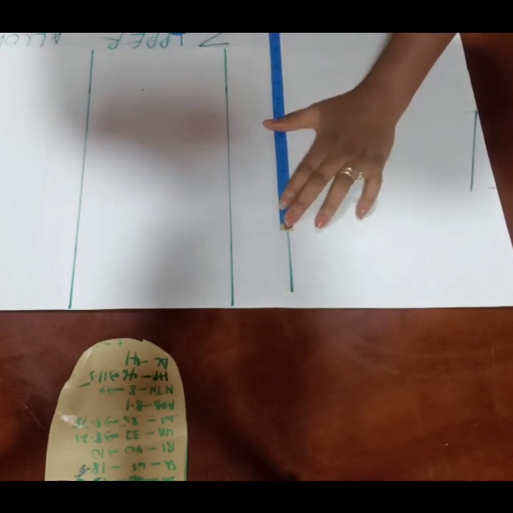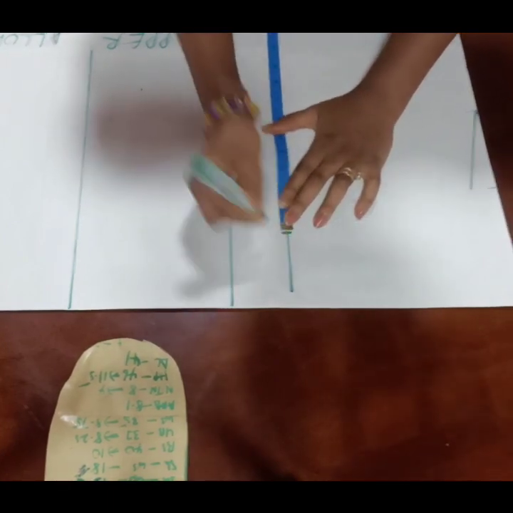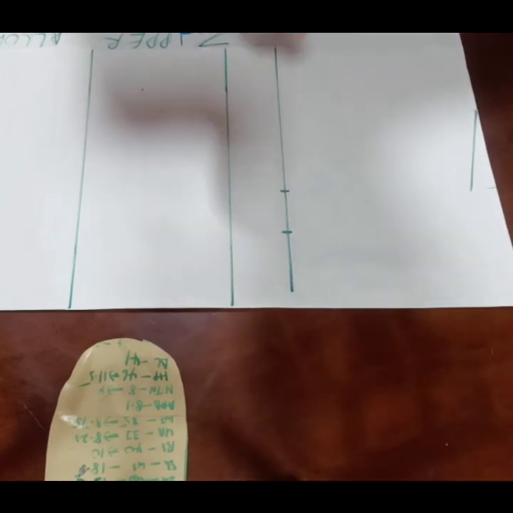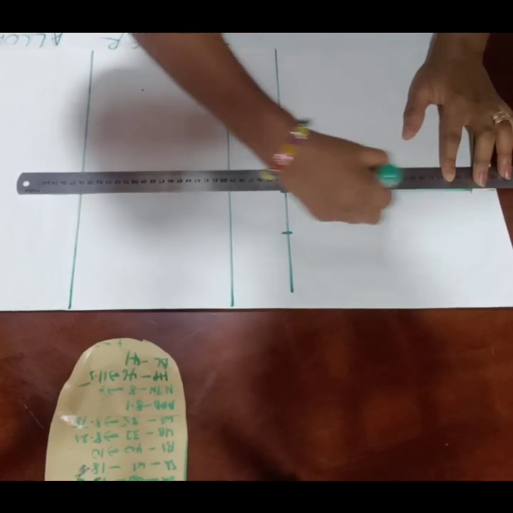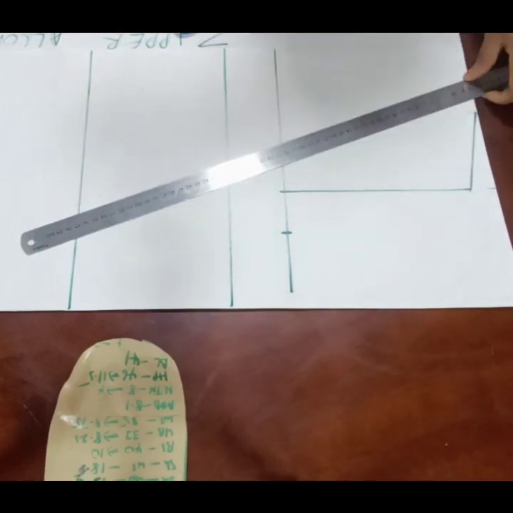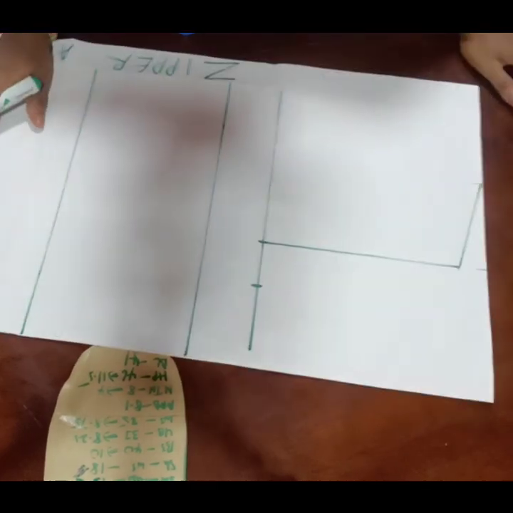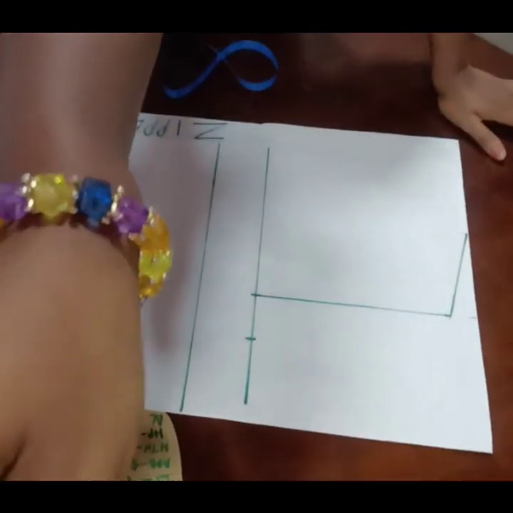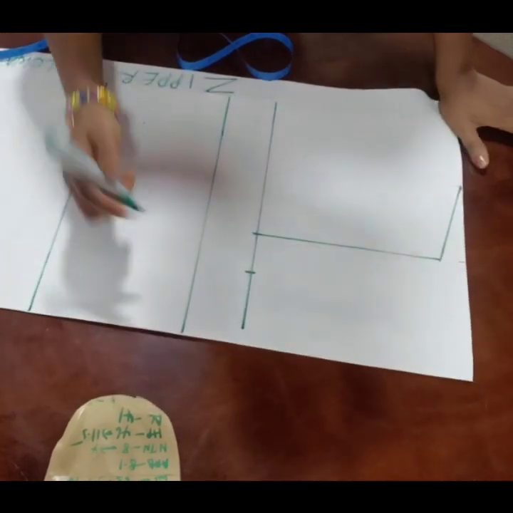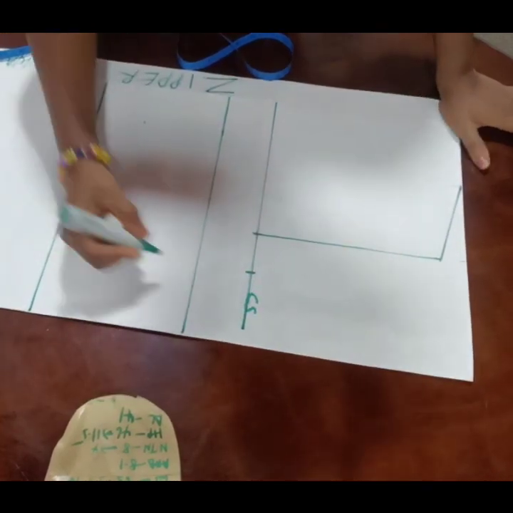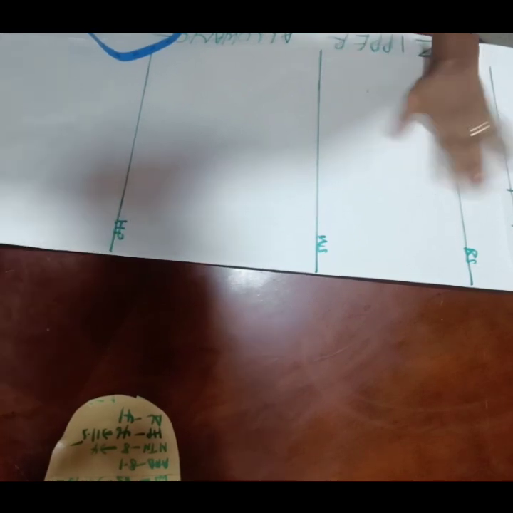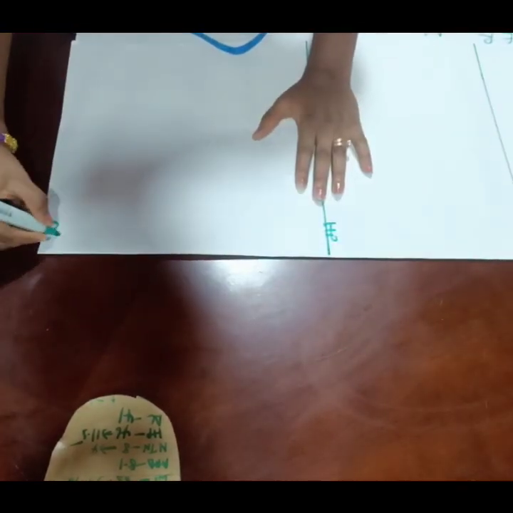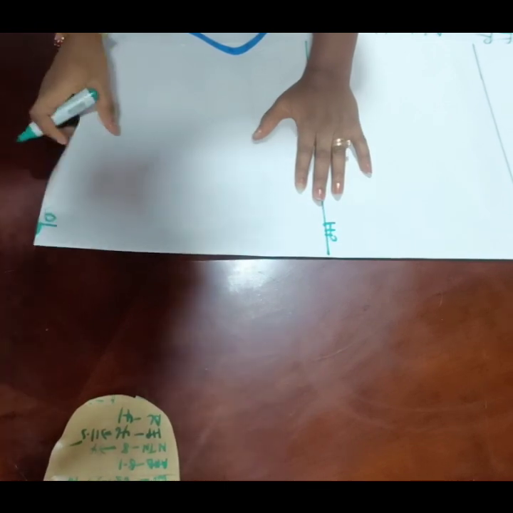Then the bust is 40. So let's label what we have. There's a chest line. This is the bust line. This is the waist. This is the hip. And of course the dress length. This is our dress length.